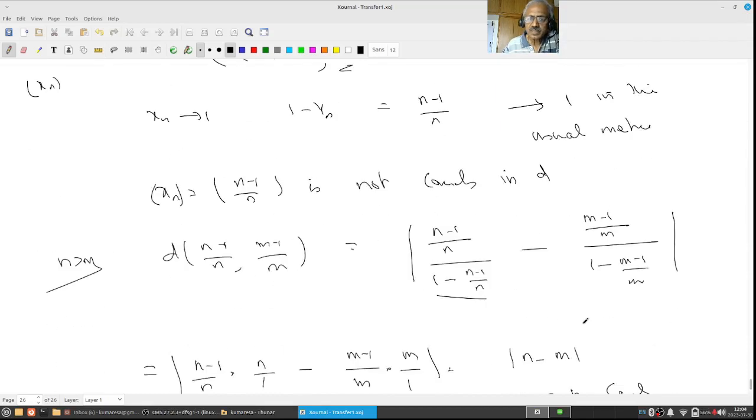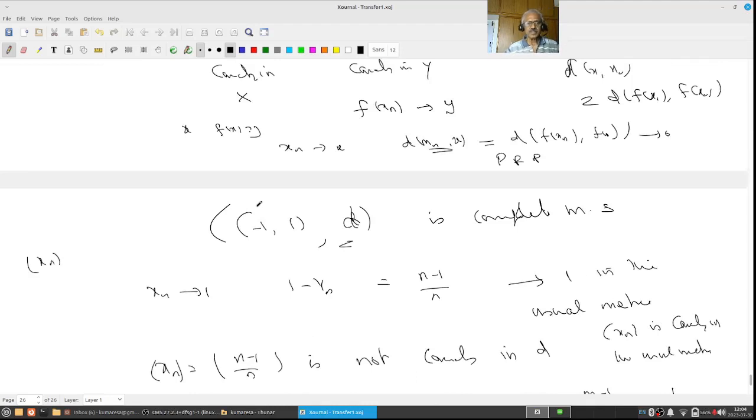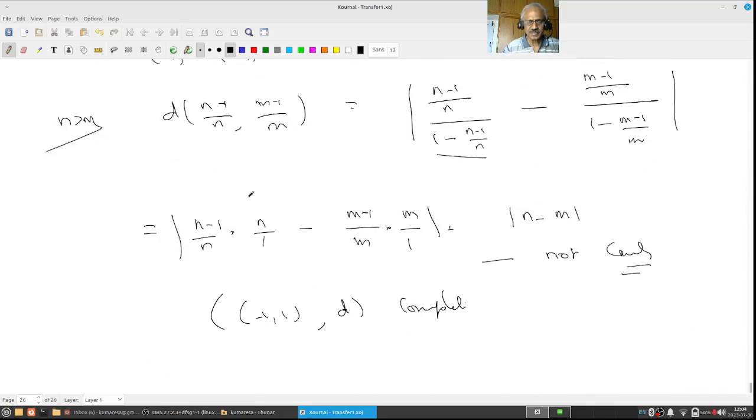Think of xn as Cauchy in the usual metric, but it is not Cauchy in this metric. The absence of 1 and minus 1 does not matter. Don't get confused, think about this carefully.